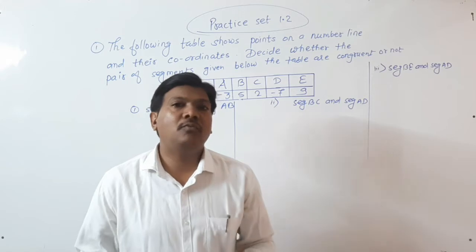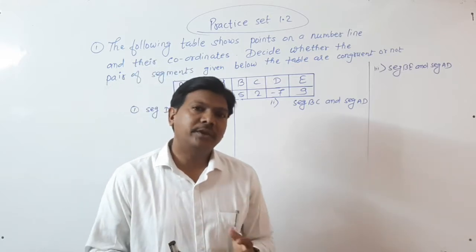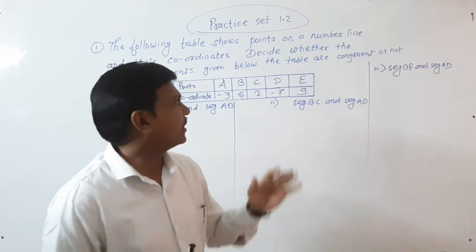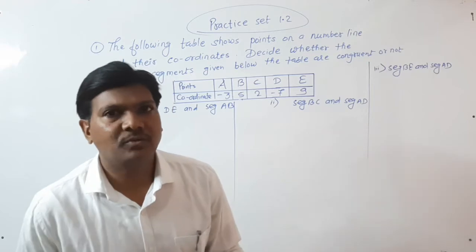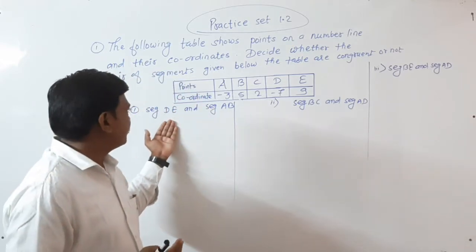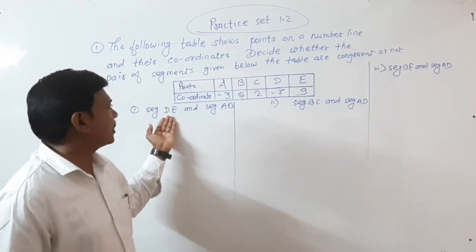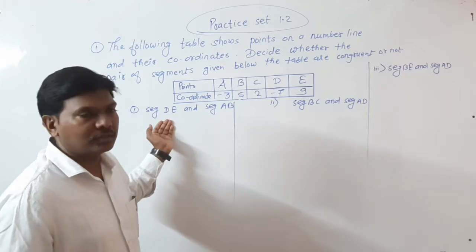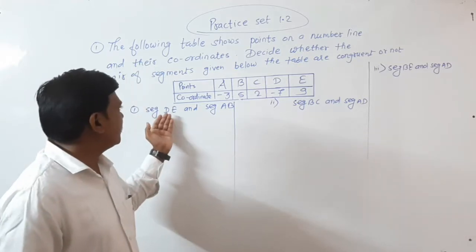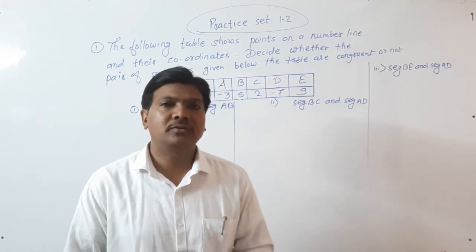If the lengths of two segments are equal, meaning the same length, at that time we say both are congruent. Meaning, the length of the given segments means the distance. So here we have segment DE and segment AB, and the distance of a segment means its length. If both lengths are equal, at that time we say segment DE and segment AB are congruent. Otherwise, it is not congruent.